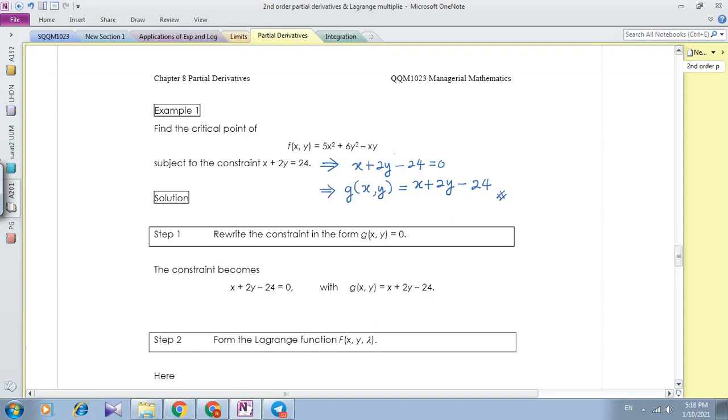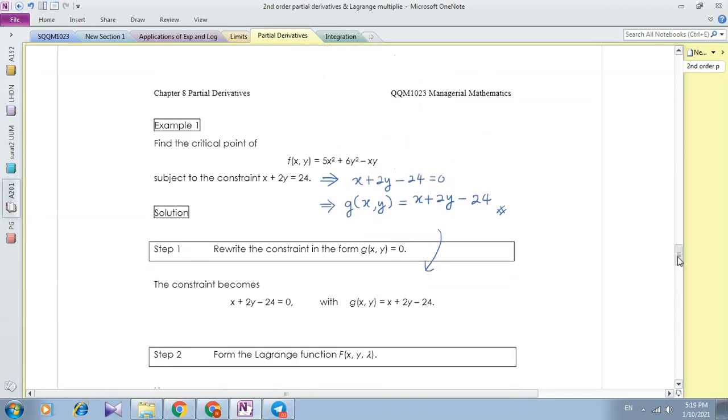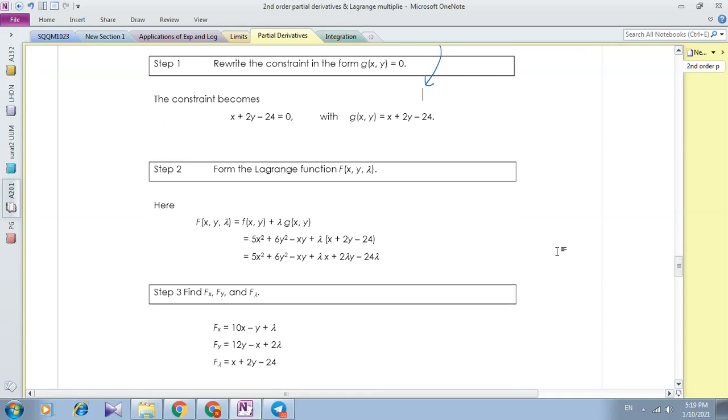All right. And then this is step 1, the same as here. Then form the Lagrange function. Form the Lagrange function: f(x,y) plus lambda g(x,y).